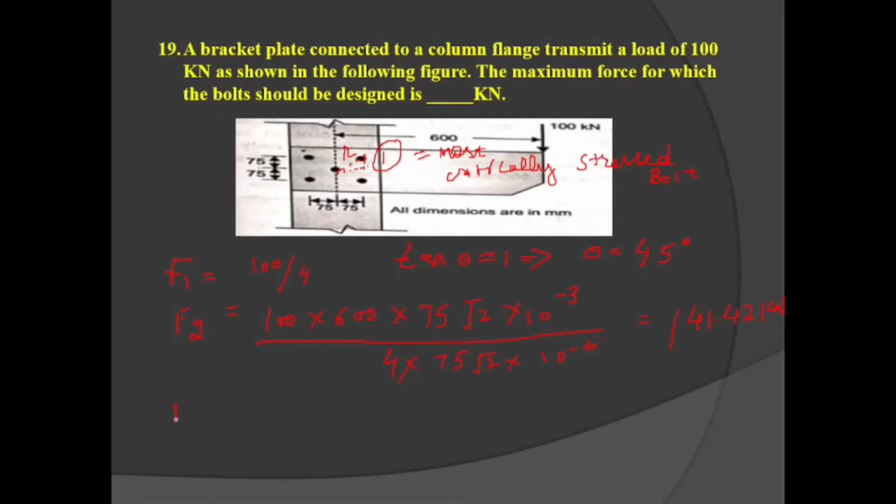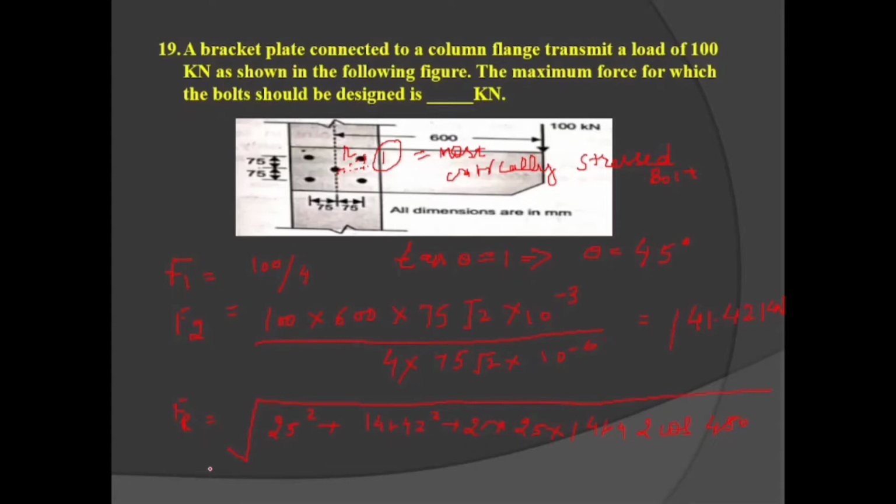So F resultant will be equal to the whole under root of 25 square plus 141.42 kilonewton square plus 2 F1 F2 cos 45 degrees.